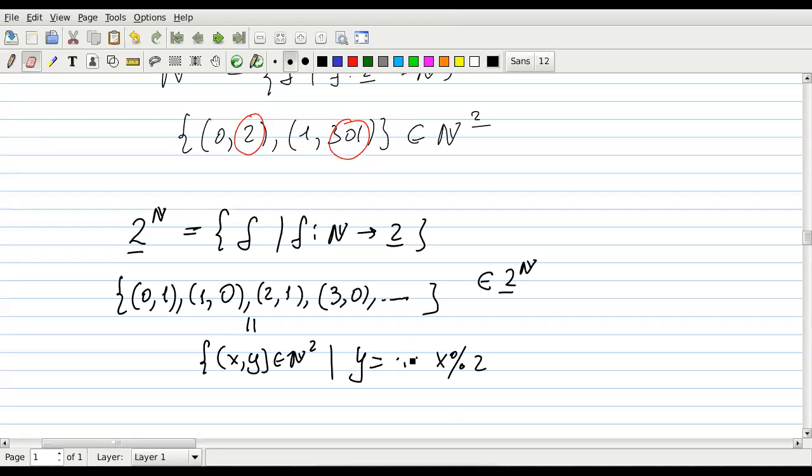It is x plus 1, the remainder of x plus 1 after dividing by 2. Is it clear?